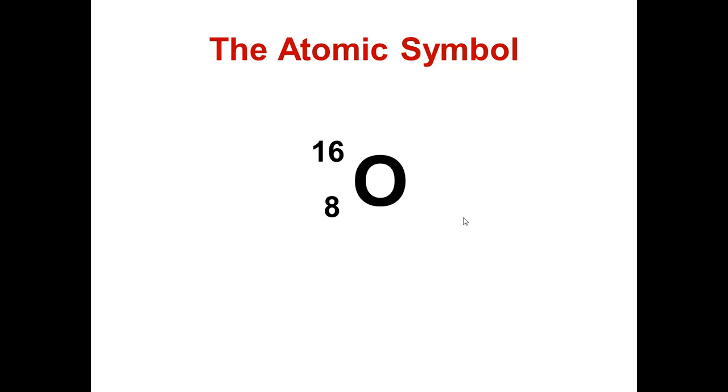To understand this a little bit further, we represent these numbers of protons and numbers of neutrons via the atomic symbol. So here we have the atomic symbol for oxygen. You see here we have a large O with a superscripted 16 and a subscripted 8.